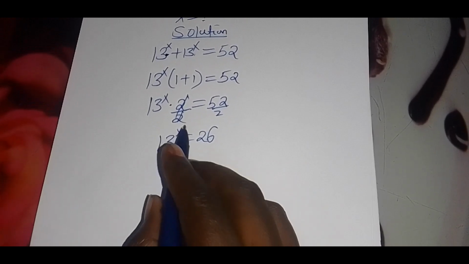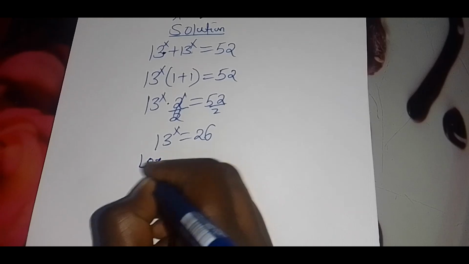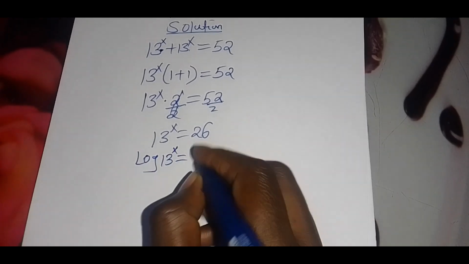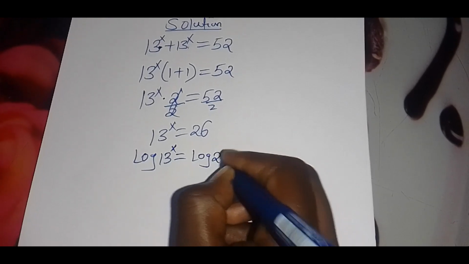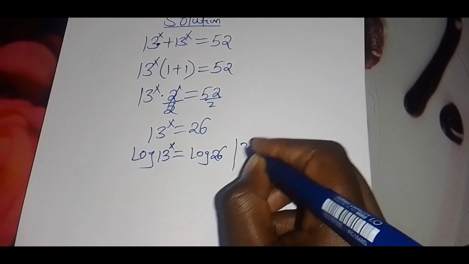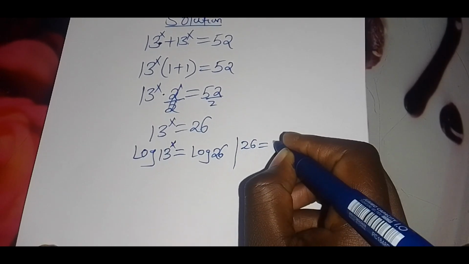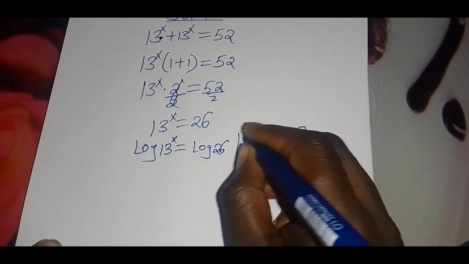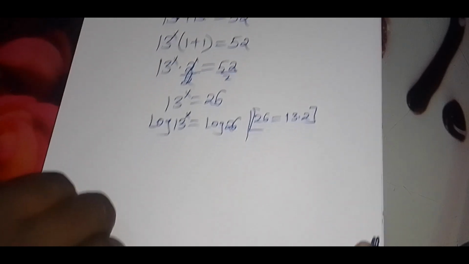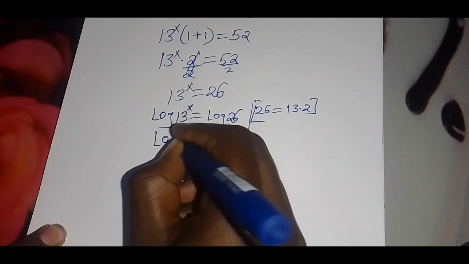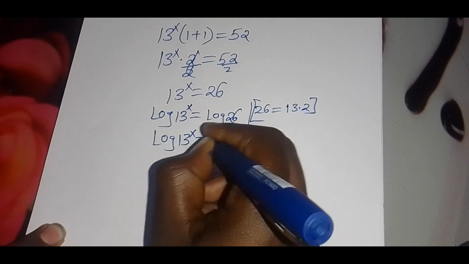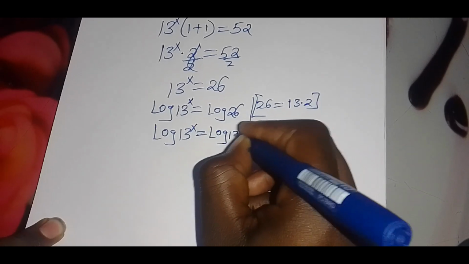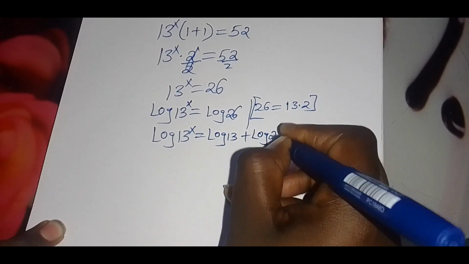And then to solve for the value of x, we introduce the natural logarithm. We'll have log 13 raised to the power x equal to log 26. 26 can be expressed as 13 multiplied by 2. Okay. Now we're going to have log 13 raised to the power x equal to log 13 plus log 2.